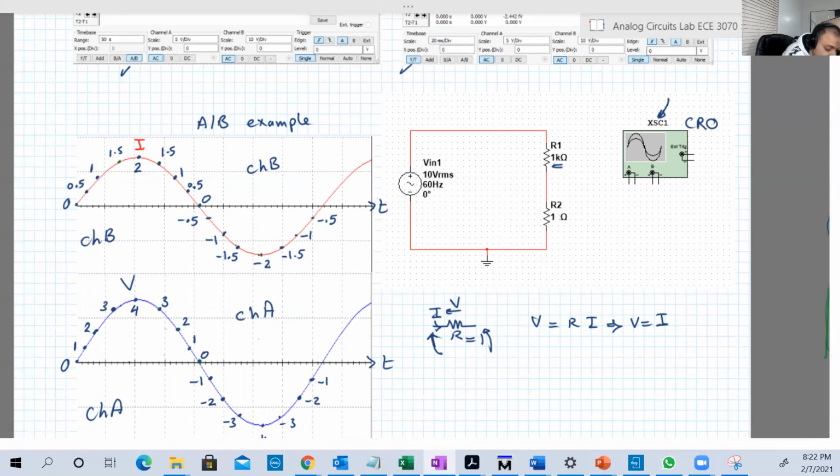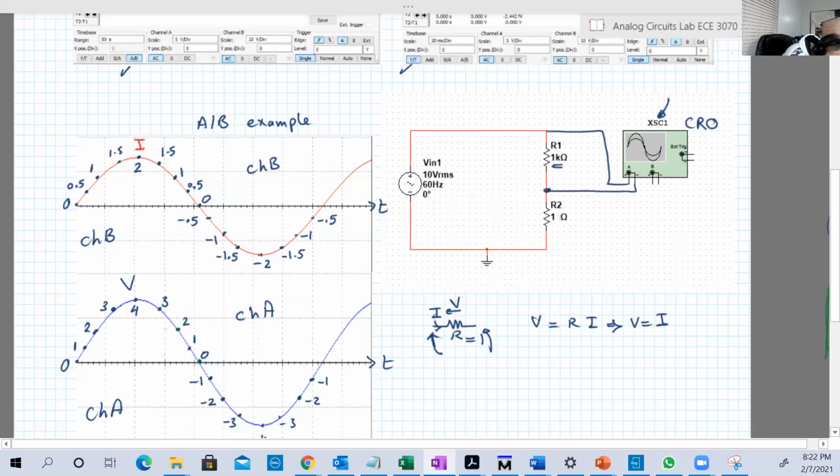So we're going to connect channel A across its terminals to measure its voltage. So channel A is now measuring the voltage of R1, VR1. Now we need channel B to measure the current through R1.